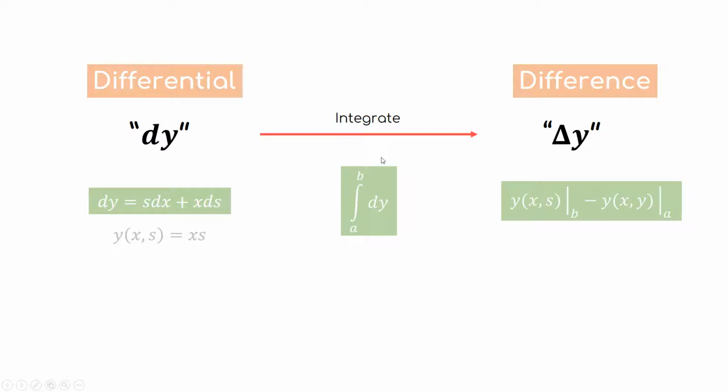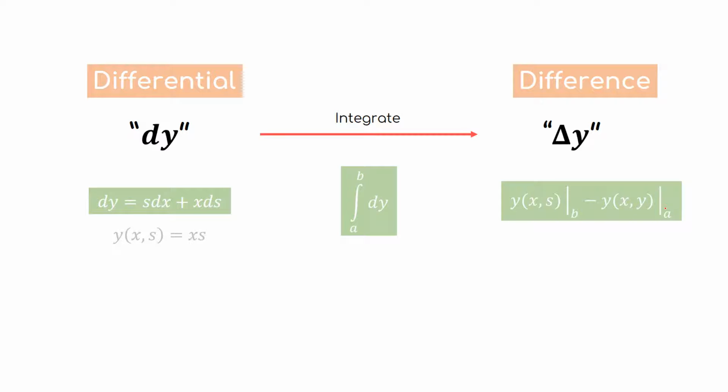The difference is just the functional form of y evaluated at point B, subtracted by the function y evaluated at point A. So essentially, the difference is just the final point subtracted by the initial point.